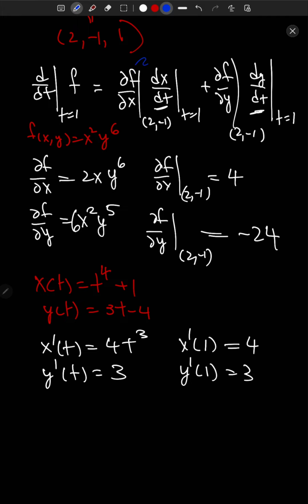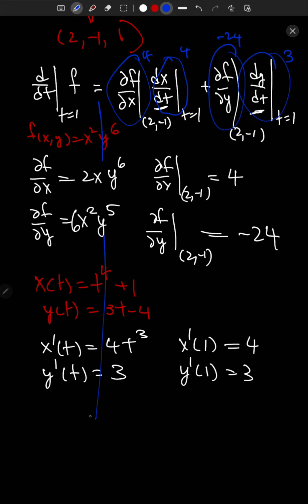Let's see upstairs. So this df/dx term turns out to be 4. This dx/dt term turns out to be 4. This df/dy term was minus 24. And this dy/dt term is 3.